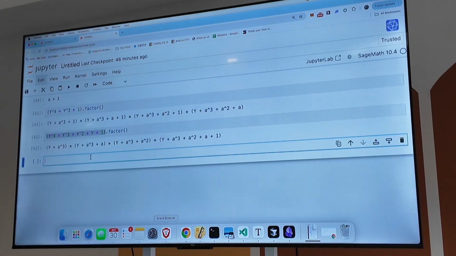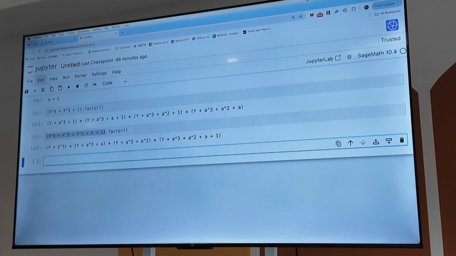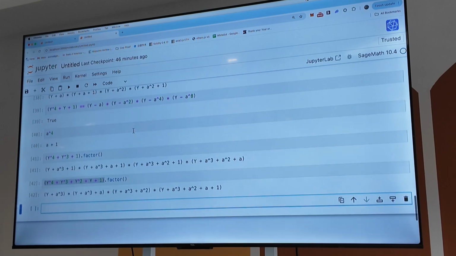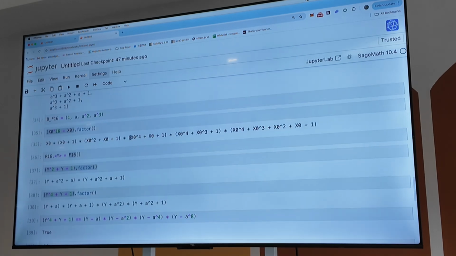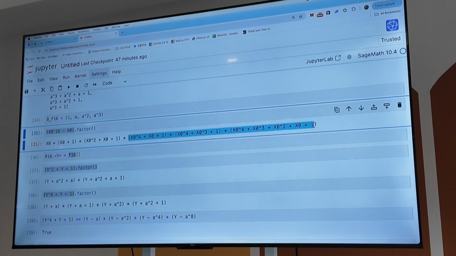I think next, let's talk about... Yes, we can continue. So, over F2, because we have 3 different irreducible polynomials, right?